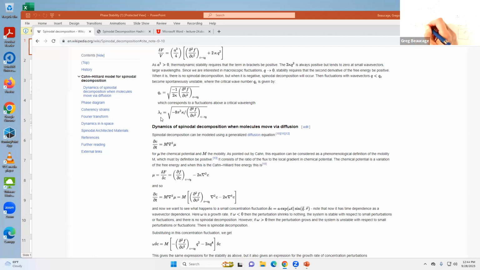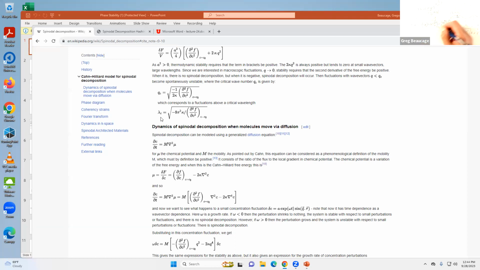So F of B of C is F of B of C0, the average composition, plus the change in composition, which, all right, I'll just call delta C. He calls it C minus C0, times dF/dC. So you do a derivative and you multiply it by the delta. This is the Taylor series expansion. And then for the second derivative, you do half delta C squared. And delta is different than del. Del's an upside down delta.